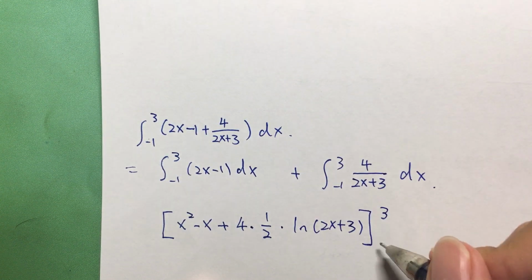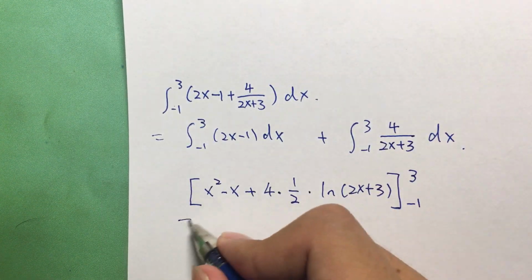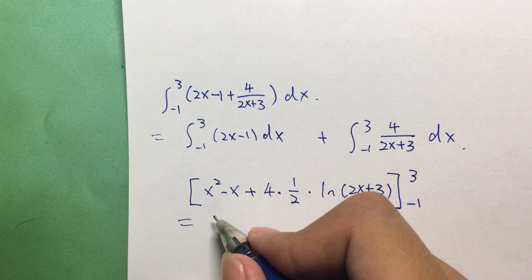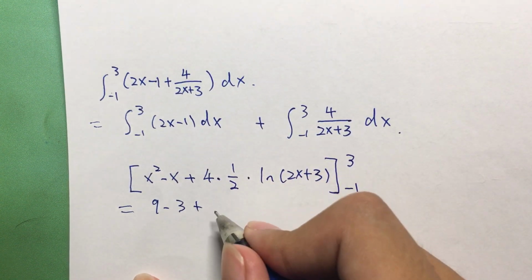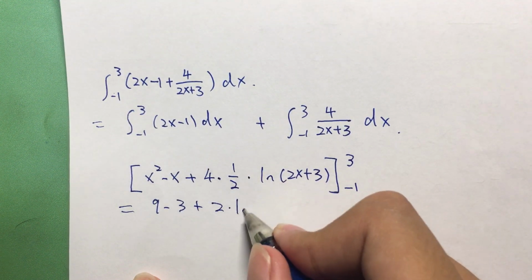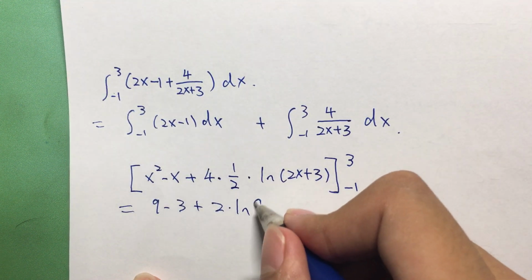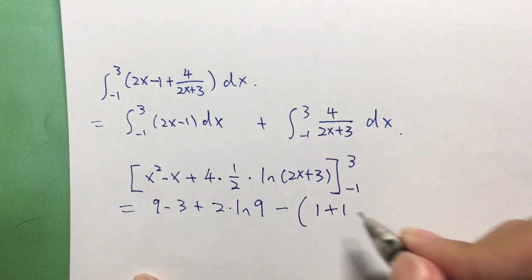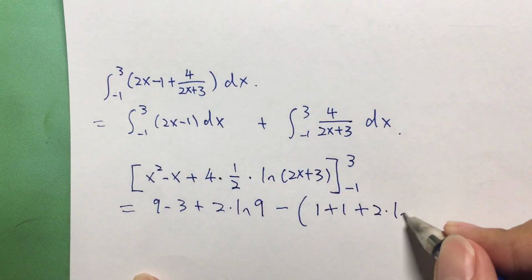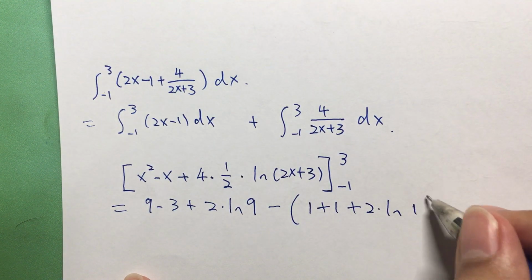And from -1 to 3, and then we just substitute the values. So the values are 9 minus 3 plus 2 times ln 9, then minus the bracket of 1 plus 1 plus 2 times ln 1.